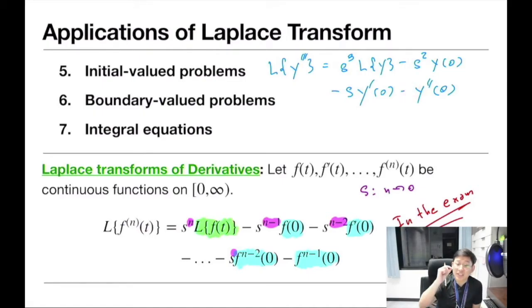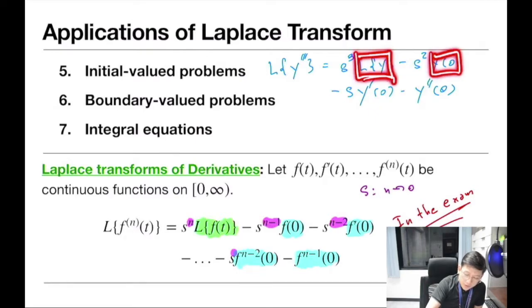It means that it's s to the 0. The order of s is reducing from 3 to 0. See, 3, 2, 1, 0, until s disappeared. And here it starts from the Laplace transform, and then y, first derivative, second derivative.